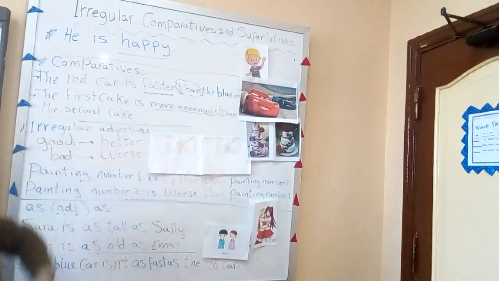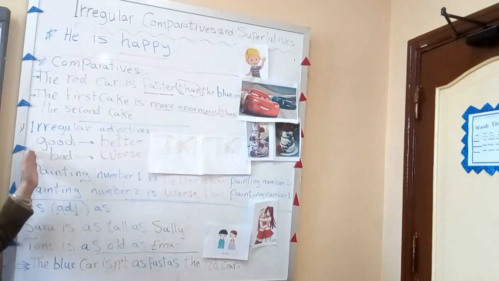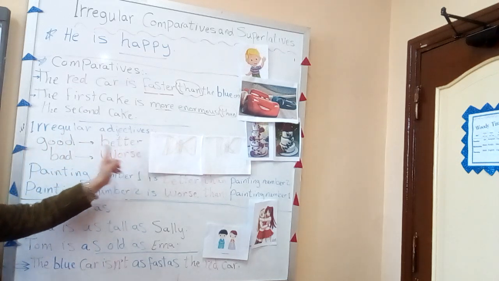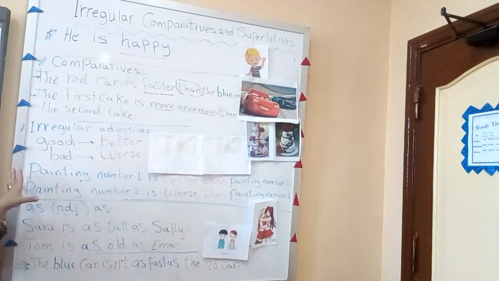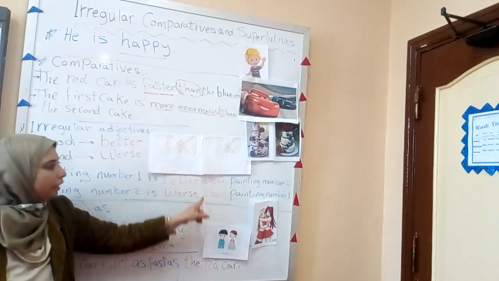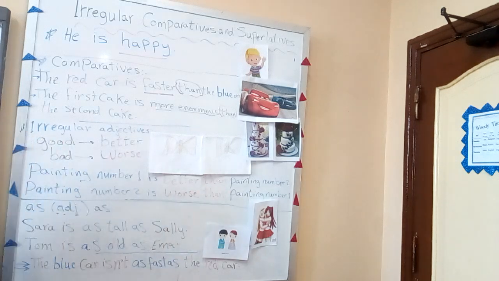So these irregular adjectives, they don't follow the same pattern. Good turns to be better and bad turns to be worse. Remember to add than here after the comparatives, before the second noun.